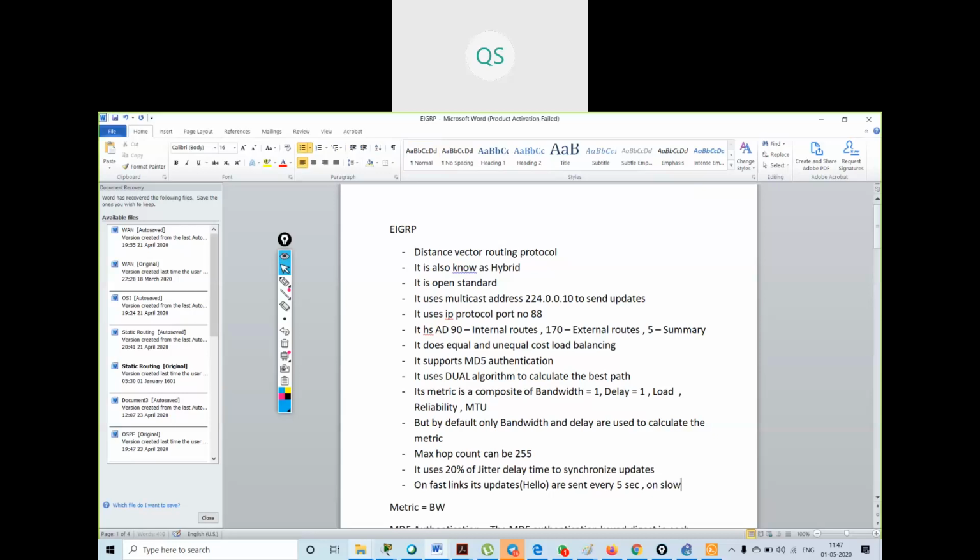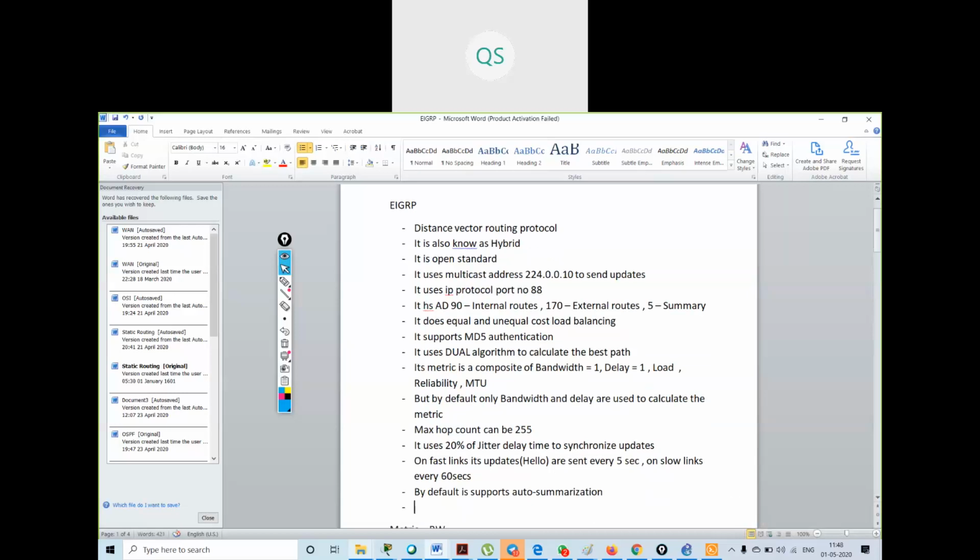On slow links, every 60 seconds, I think so. Yeah, in every 60 seconds the hello packets will be forwarded. Then by default, it supports auto summarization.